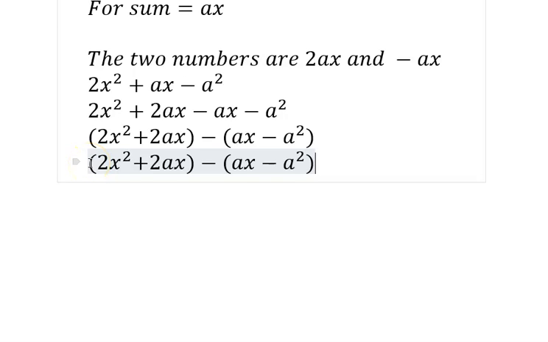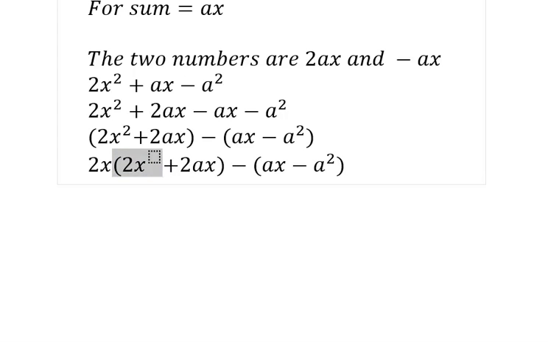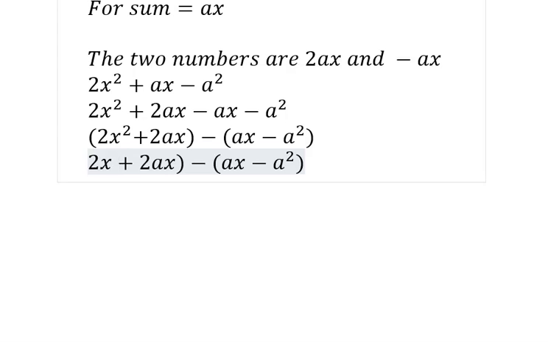Let's bring 2x out. 2x is common. That means if we remove 2x from here, we'll be left with only 1x. We'll be left with x. Awesome. If we remove 2x here, we'll be left with only a. So 2x is common, so it's out already.